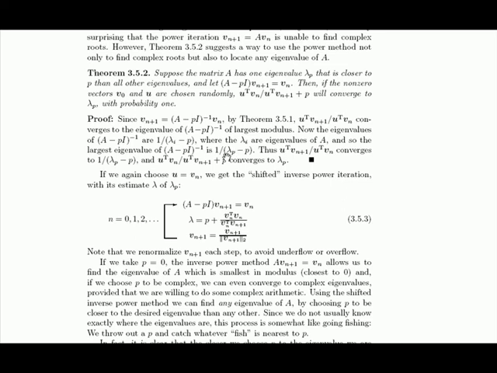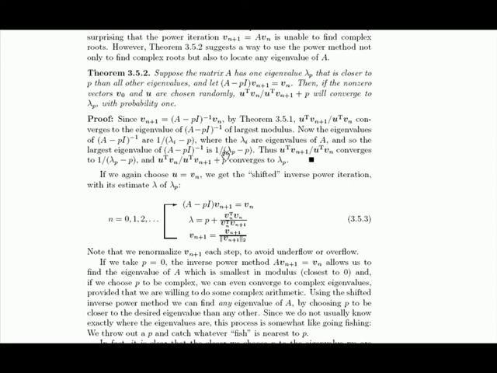And once you know that, you can obviously solve for λₚ, namely, p plus the reciprocal of the largest eigenvalue of (A − pI)⁻¹. So this method allows us to find any eigenvalue of A, the one closest to p.